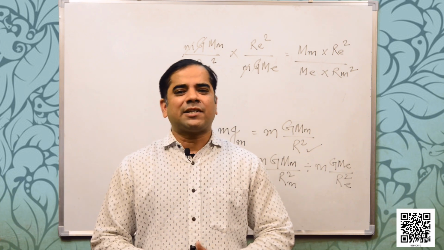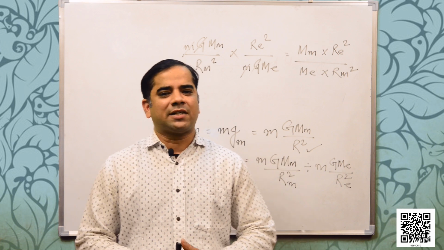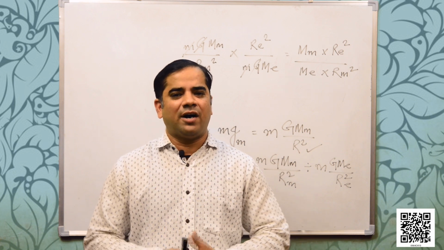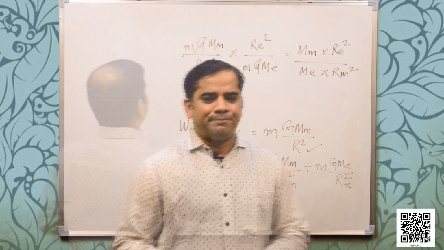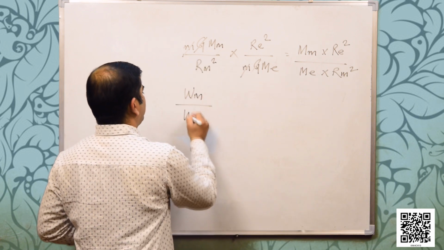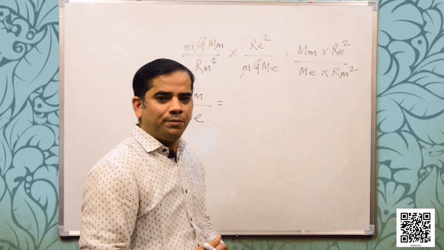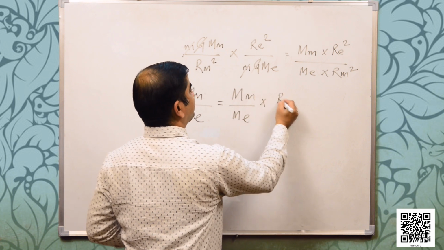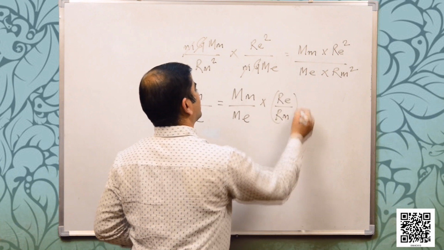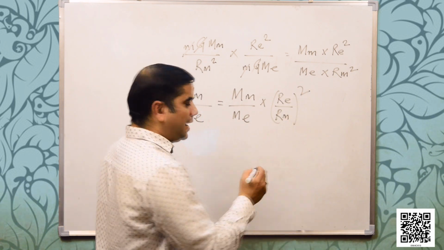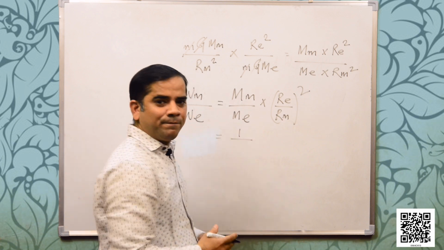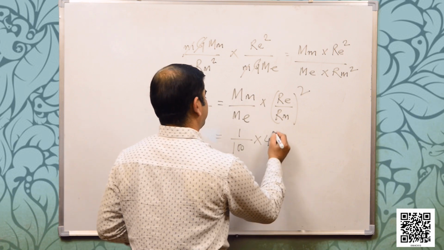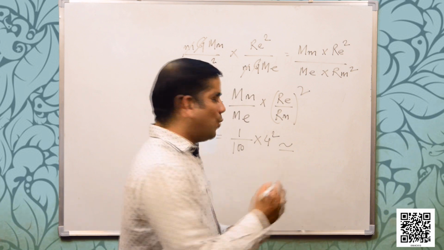As mass of moon is 1 by 100 times the mass of earth and radius of moon is 1 by 4 times the radius of earth, we can write Wm by We is equal to 1 by 100 into 4 square, and that is about 1 by 6.